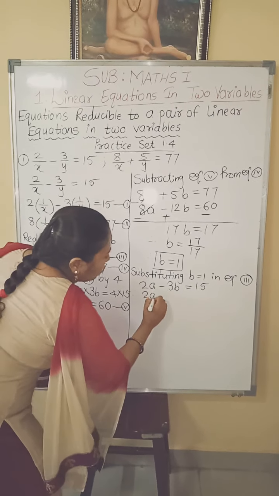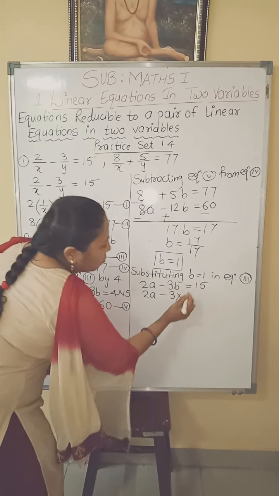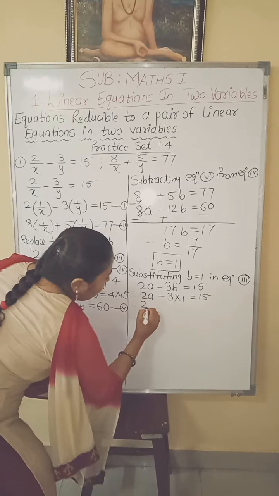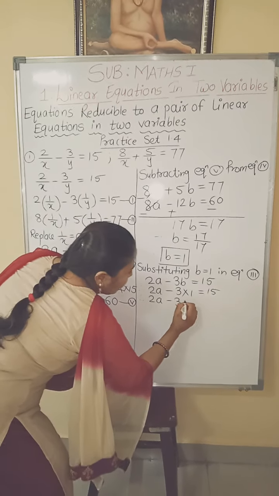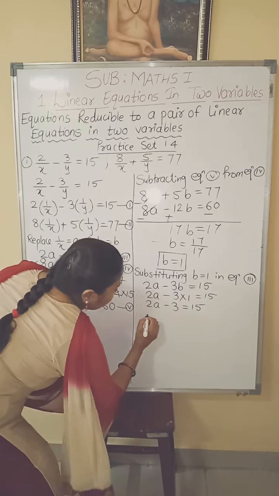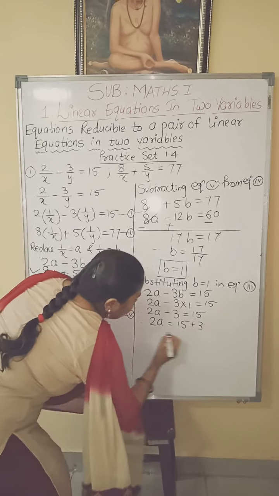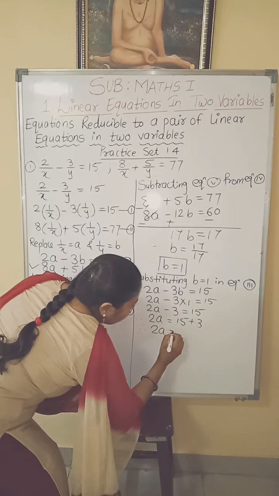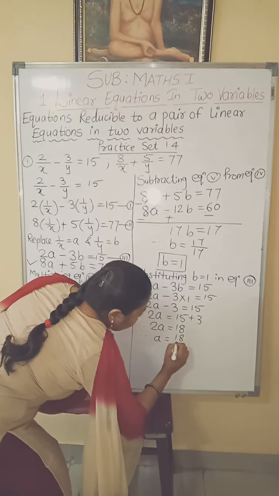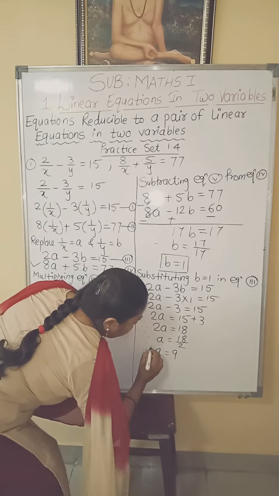Therefore, 2a minus 3 multiplied by b, which is equal to 1, equal to 50. Therefore, 2a minus 3 is equal to 15. Take minus 3 to the right hand side. 2a is equal to 15 plus 3. 2a equal to 18. Therefore, a is equal to 18 divided by 2. Therefore, a is equal to 9.